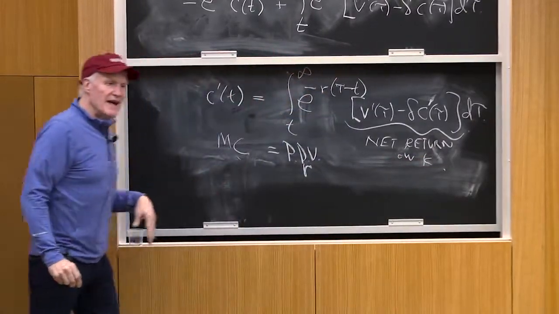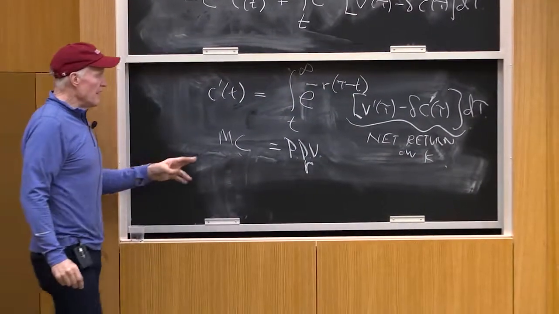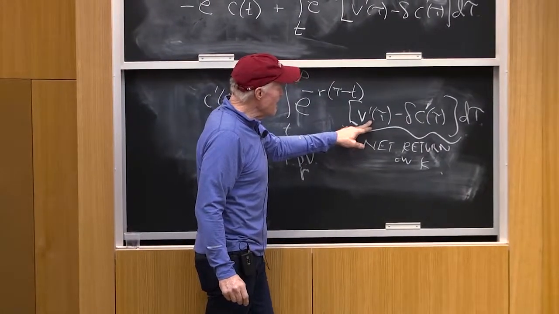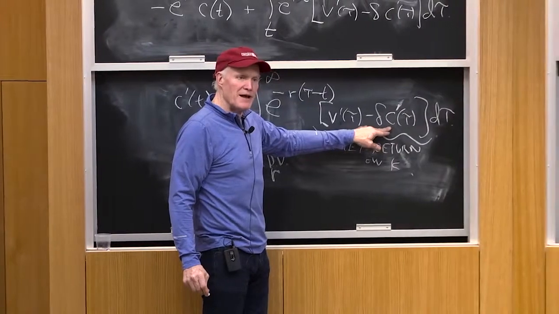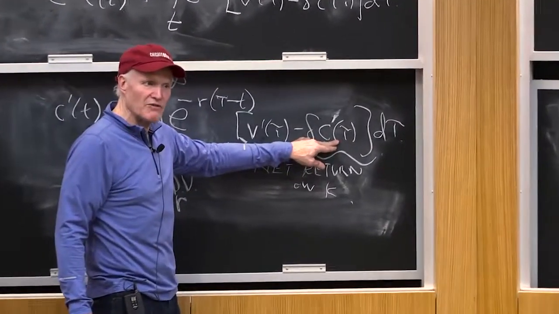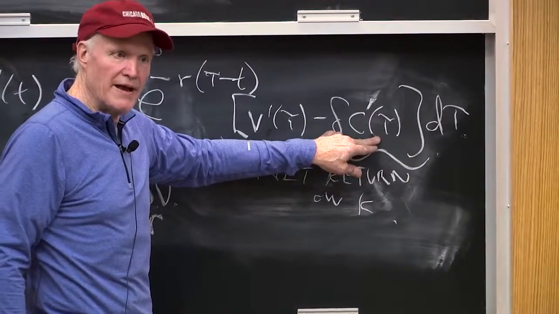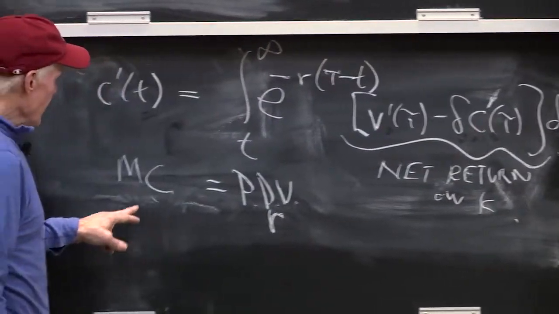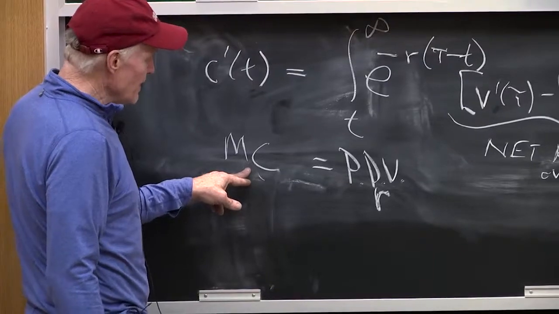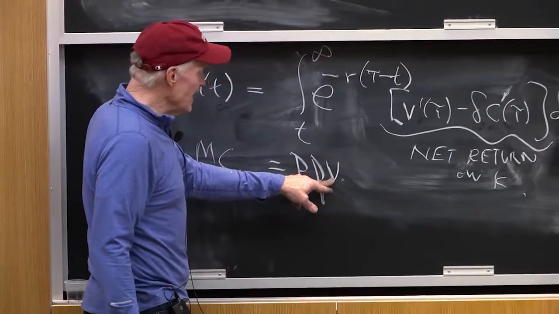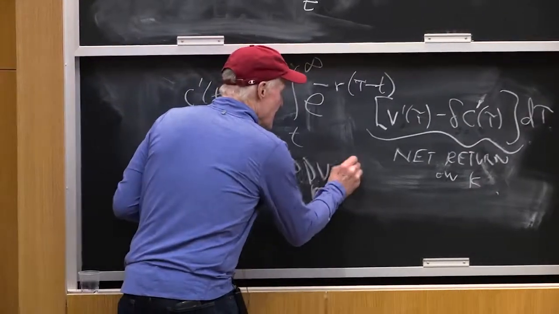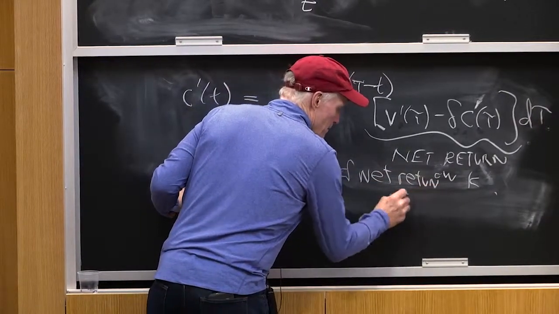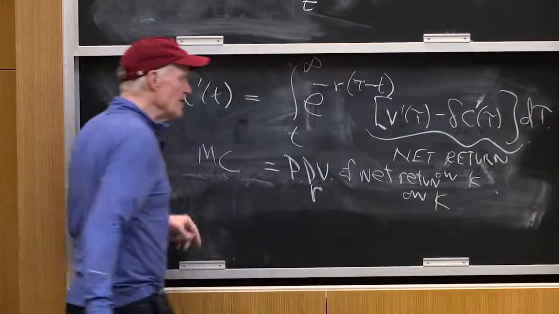That is the net return on capital, because it's how much that unit of capital returned today minus how much I had to pay to maintain it, because this is the maintenance cost. This is the cost of paying the depreciation on that capital. So you could say the marginal cost of investment has to be equal to the present discounted value of the net return on capital.